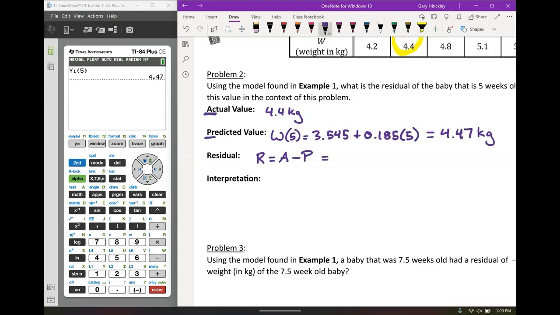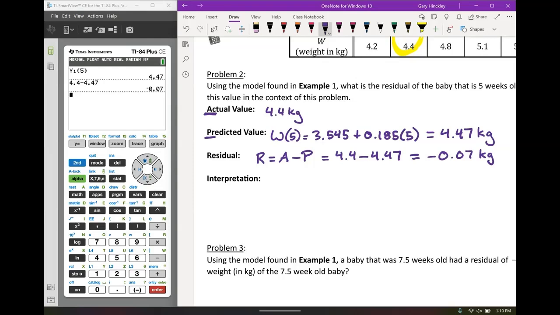In this case, 4.4 minus 4.47. What is that? 0.07, positive or negative? Negative. So negative 0.07, and that also has a unit of kilograms. So my residual is negative 0.07 kilograms. That is my residual value.